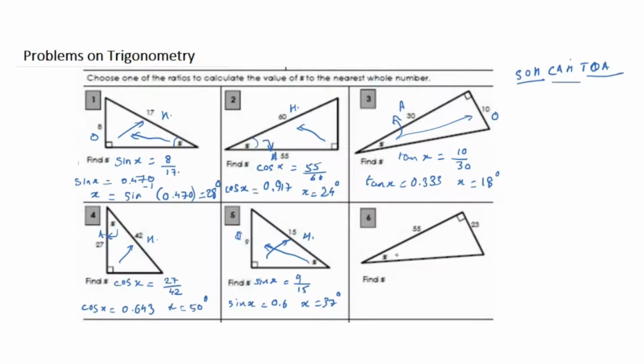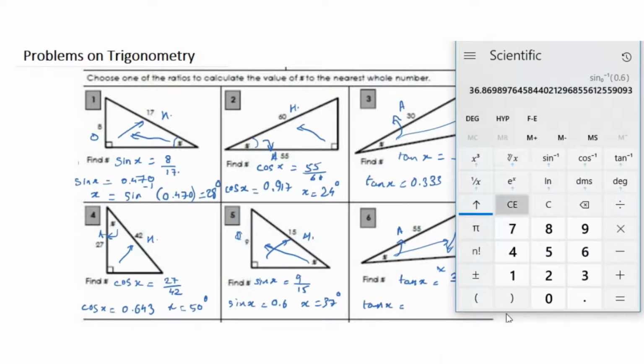37 degrees. Now here the hypotenuse is not given. We have the adjacent and we have the opposite. So again, adjacent and opposite, we are going to use tan. So tan of x is going to be opposite over adjacent, or 23 over 55. That gives us tan x equal to 23 divided by 55.